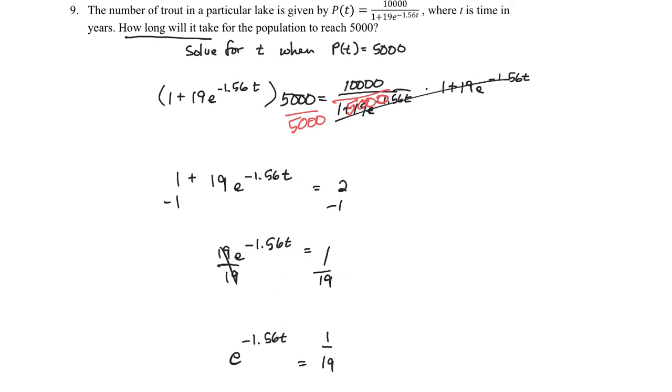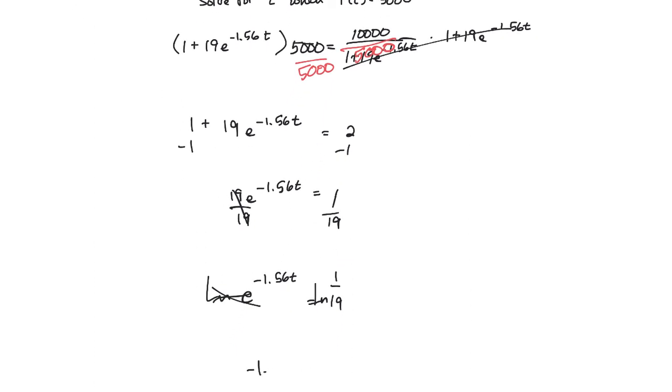Now I finally have this exponential term isolated, so I can use a natural log to cancel the base e. So now the negative 1.56t is no longer an exponent because the base e is gone. So the negative 1.56 is just a coefficient that can be divided over here to isolate t.